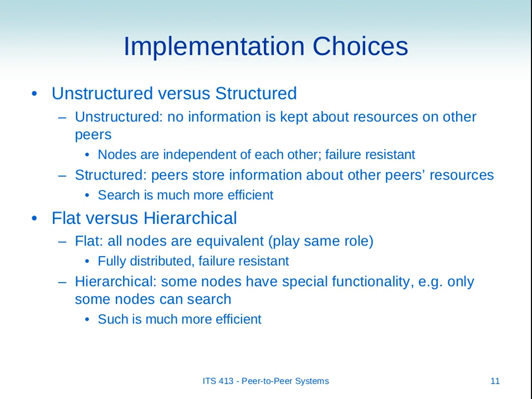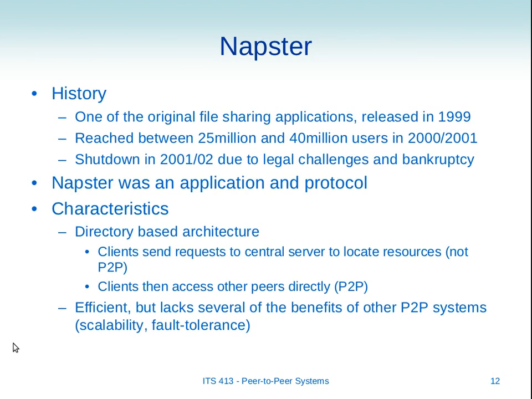Let's look at three examples of peer-to-peer systems that will show us a fully unstructured system and also a flat system, a structured system with hierarchy, and something in the middle. We'll use some real protocols and applications to demonstrate these three scenarios.